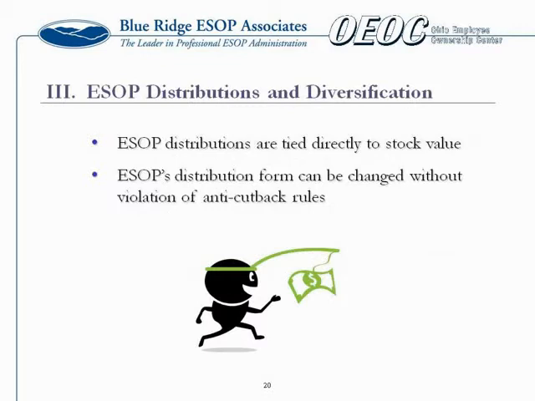As it goes up, the distribution amount will go up as well. And your distribution form can be changed without violating the anti-cutback rules, meaning the form could be cash, or cash and stock, or a combination of both, but a change in that would not violate any rules.